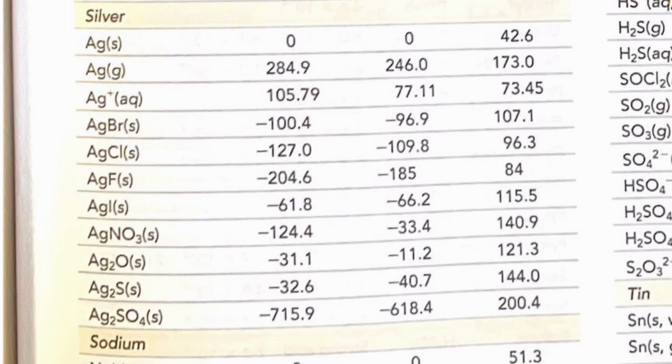So to be clear, the values that I need are that aqueous silver ion, 105.79, and I also need that solid silver sulfide, my precipitate, negative 32.6.